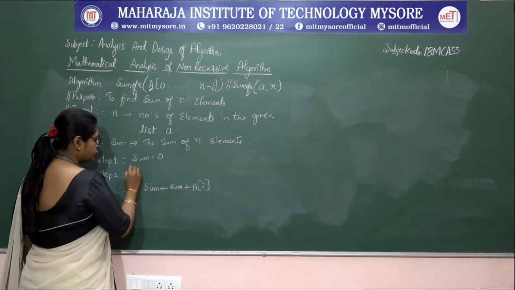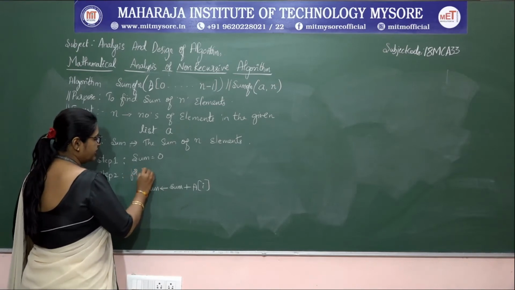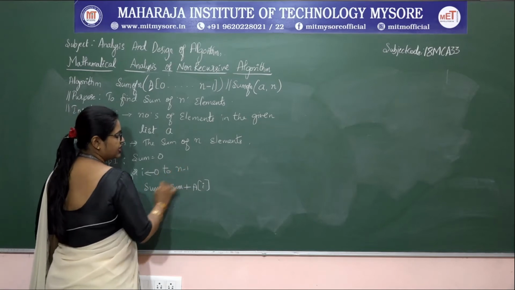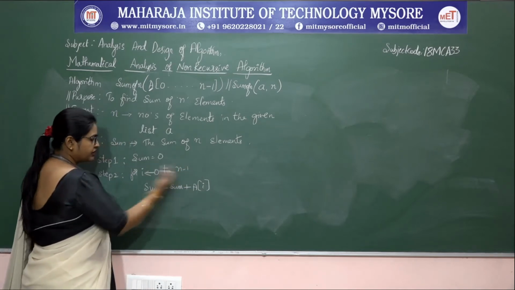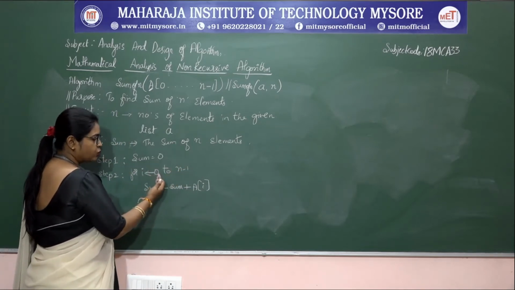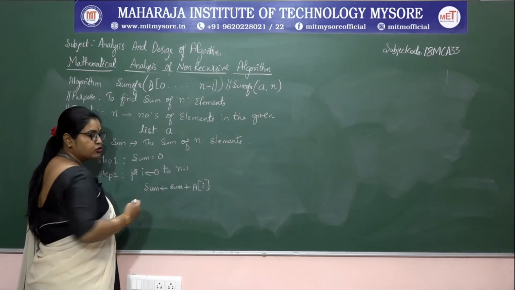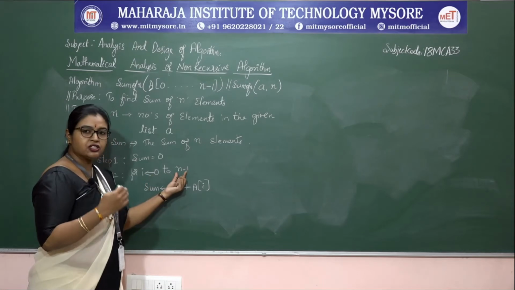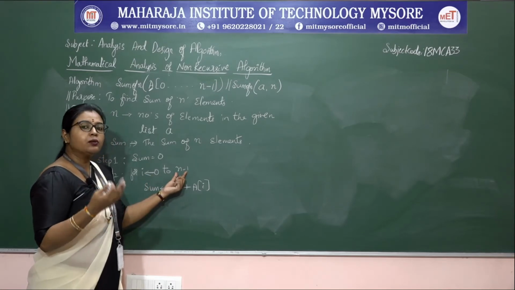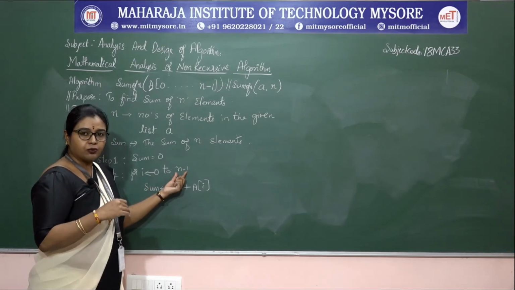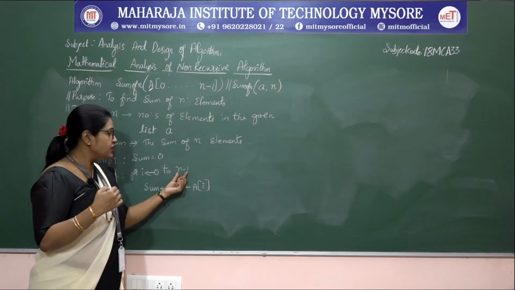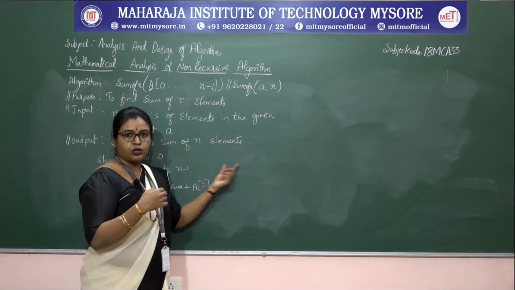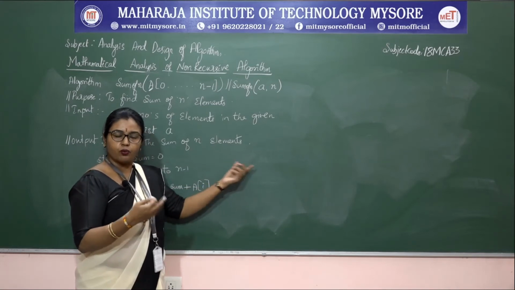In the for loop, for I starts with 0 to n minus 1. If you write like this, it is understood that you need to go from 0 to n minus 1. Here we are not representing the incremental value. If you want to, you need to mention by in step of how much: 2, 3, 4, whatever it is.